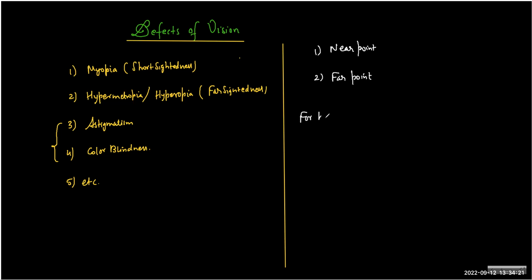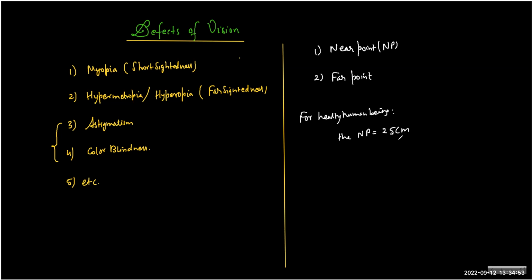So for a healthy human being, the average near point is an assumption actually. So the near point we write as NP. We take it as 25 centimeter.